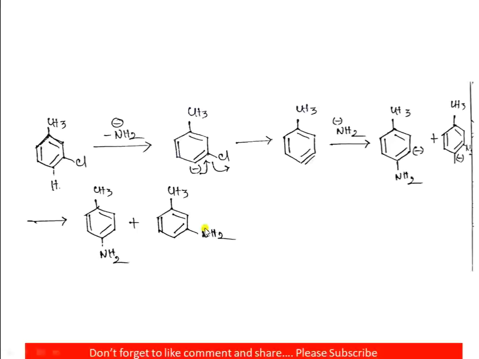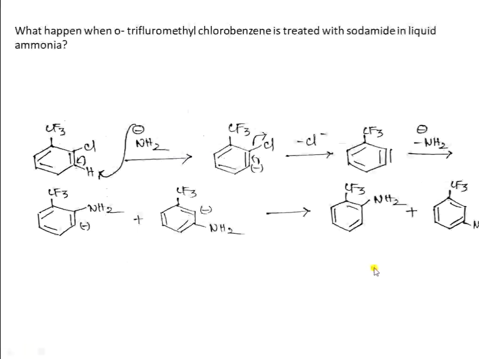Now the next question is, what happens when ortho-trifluoromethylchlorobenzene is treated with sodamide in liquid ammonia? In this case, only one hydrogen atom is available, and the reaction occurs in the same way that I have discussed earlier.